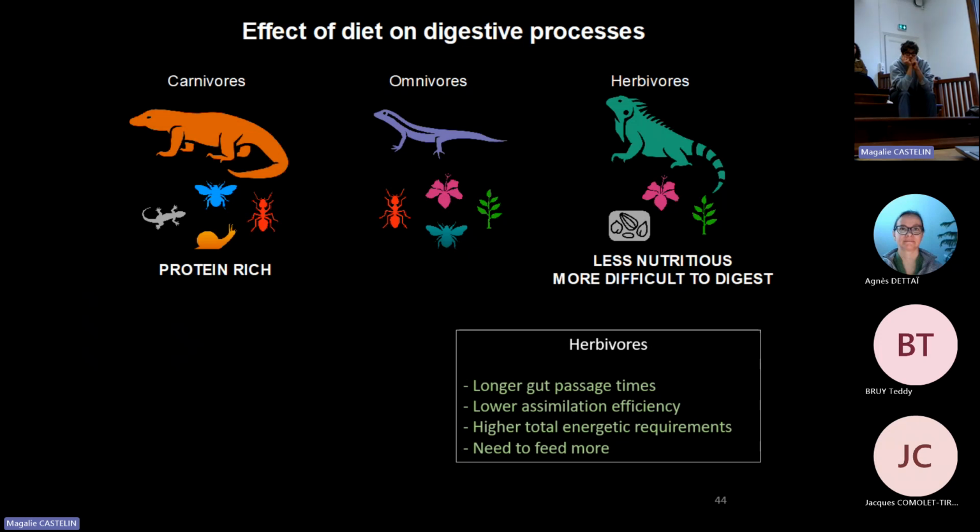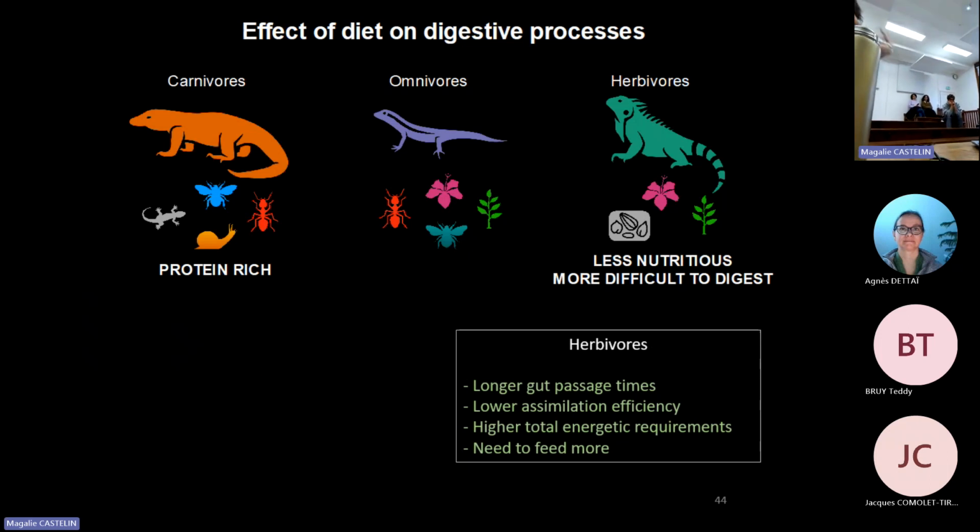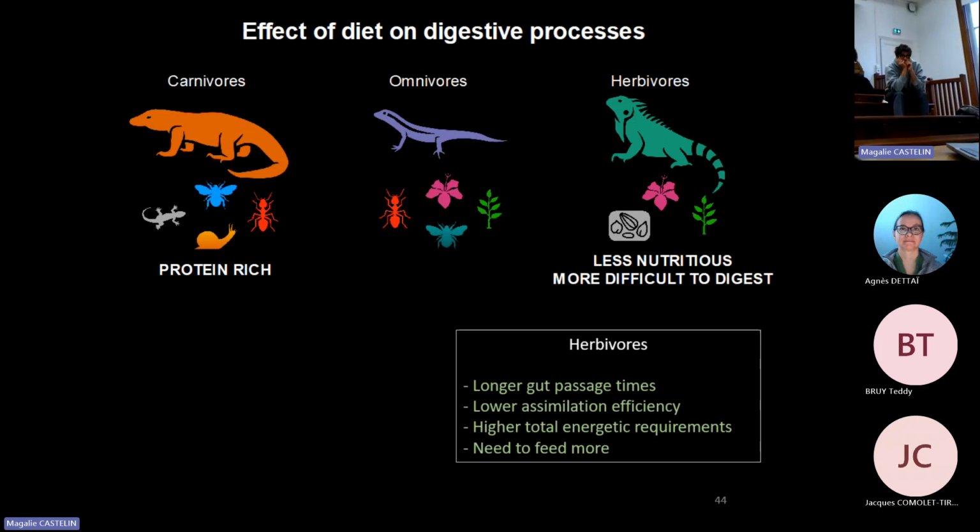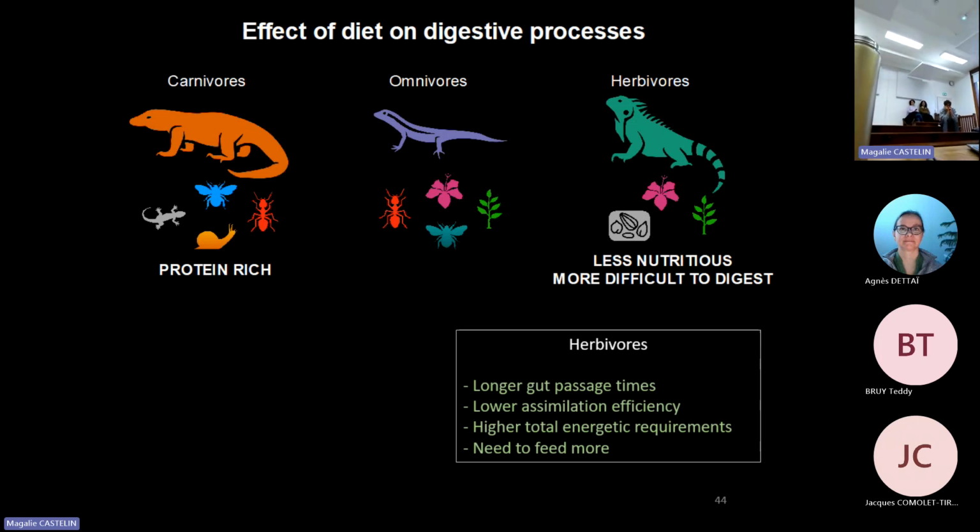They have longer gut passage times. They have lower assimilation efficiency for the same amount of food that a carnivore is eating. Its total energetic requirement is higher than a carnivore of the same size. And so as a consequence, a herbivore needs to eat more than a carnivore at any given point in time just to get to the same nutritional level.